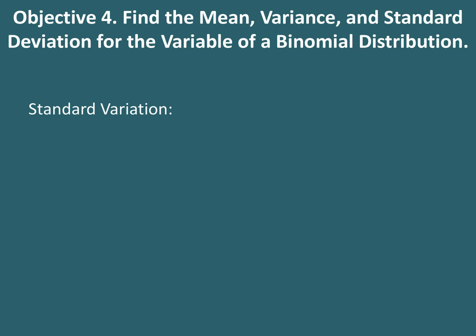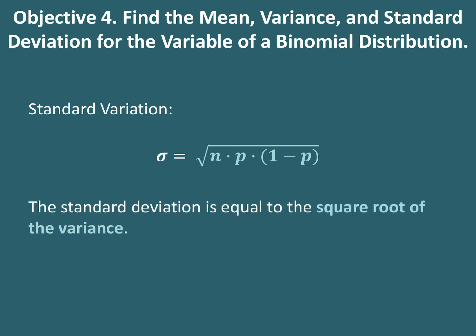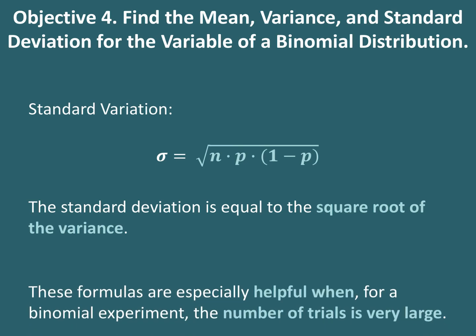And finally, standard deviation will simply be the square root of the variance. These formulas are especially helpful when, for a binomial experiment, the number of trials is very large.